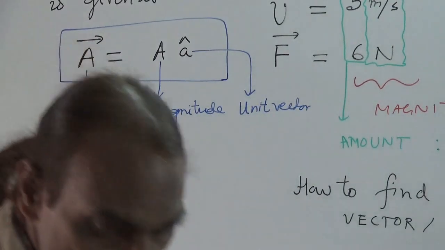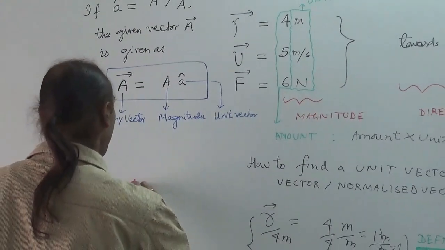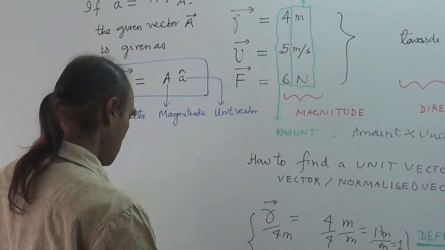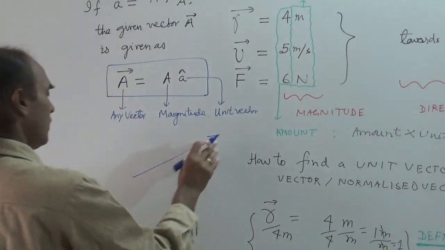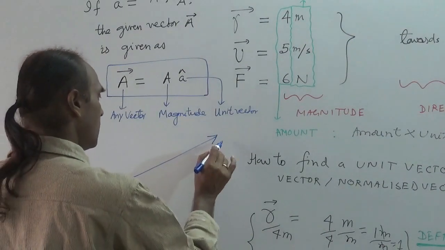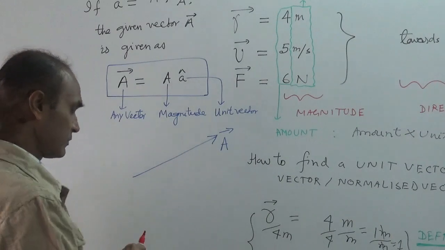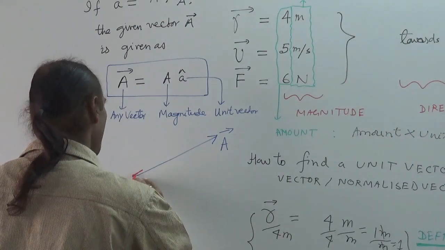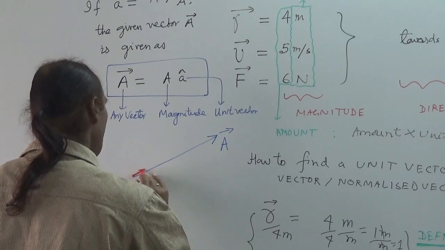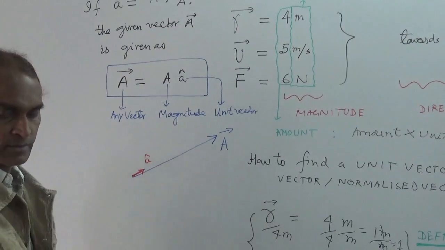I can show you graphically by drawing an arrow. This is the given vector A, and this small arrow, this tiny arrow, is the unit vector of the given vector.